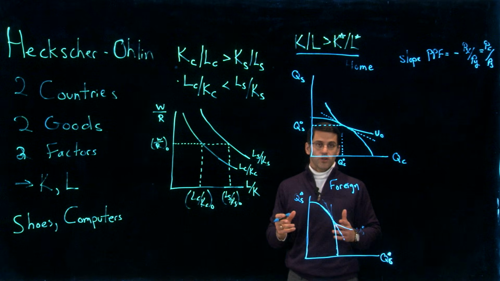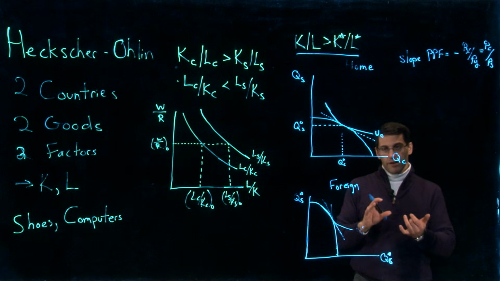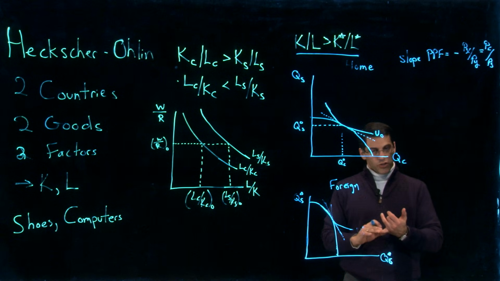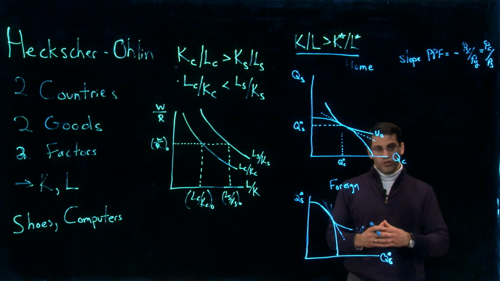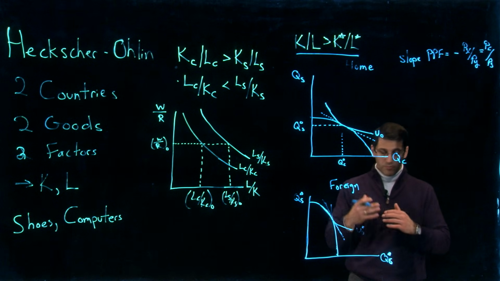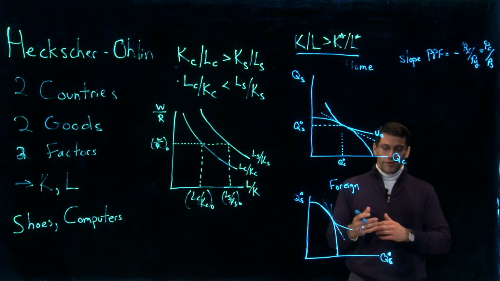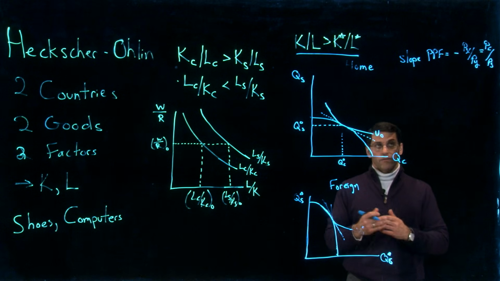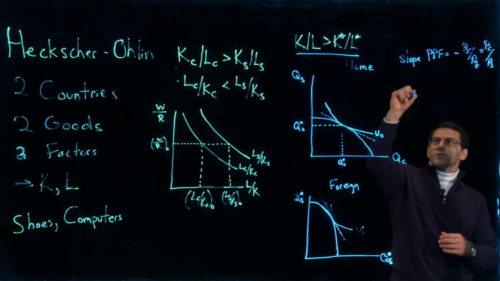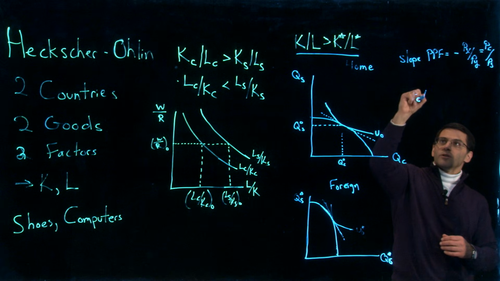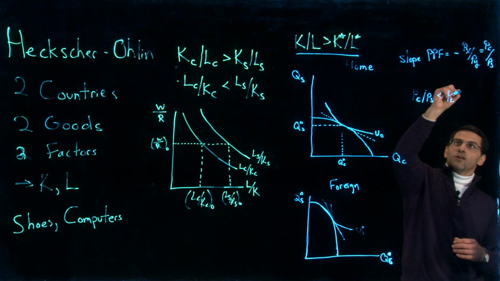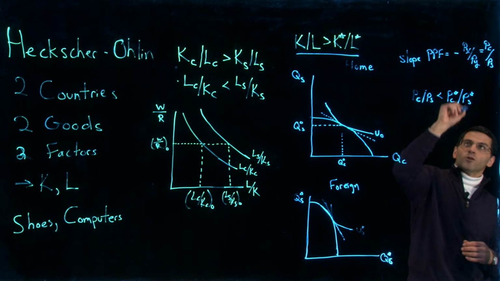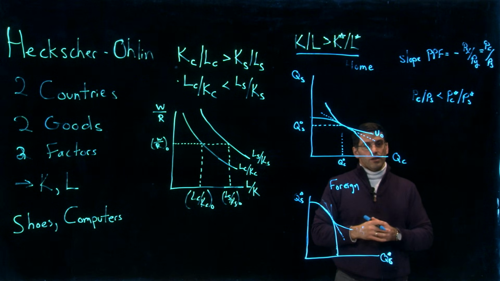So in equilibrium, when you combine the assumption that computer production is capital intensive, the home country is capital abundant, and then add in homogeneous or identical preferences across home and foreign, this leads us to the prediction that we would expect the relative price of computers in the home country to be lower than for the foreign country.